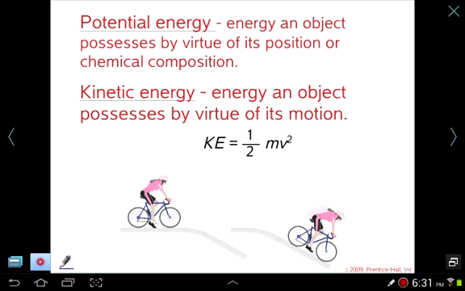An example here would be a cyclist at the top of a hill has a lot of potential energy, and that potential energy is converted into kinetic energy as that cyclist comes down the hill. The equation for kinetic energy, which is important to us here, is kinetic energy equals 1/2 mv squared. M is the mass, v is the velocity. So the kinetic energy of an object depends both on mass and on its speed, velocity in this case.